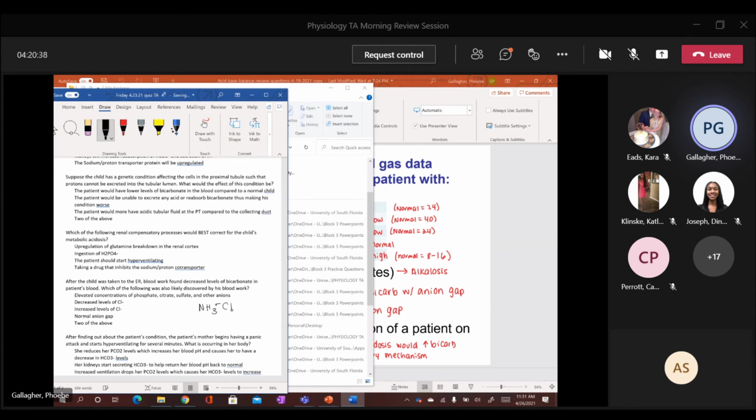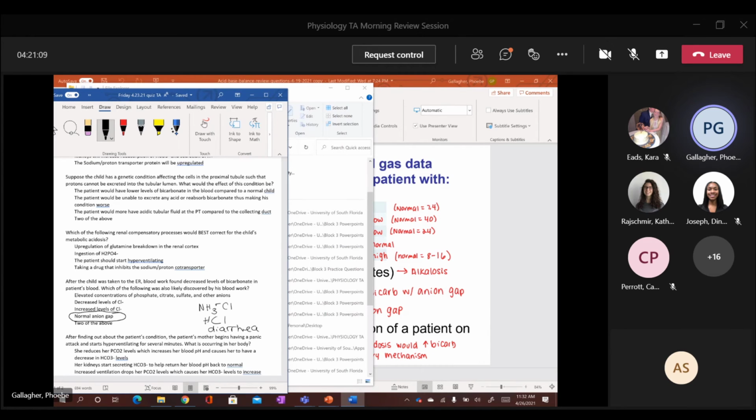Ammonium chloride is actually going to have a normal anion gap, like HCl would or diarrhea. So that is the change to this. The correct answer would have been normal anion gap instead of elevated concentrations of phosphate. Sorry about that, guys.